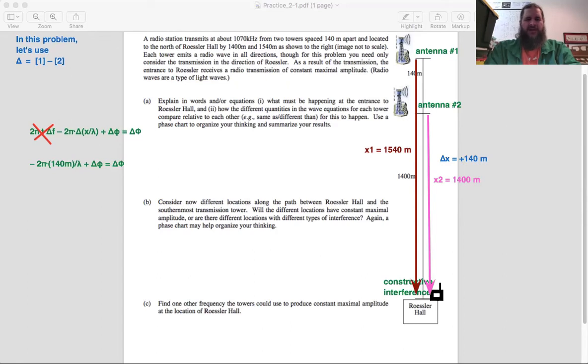Which is 3 times 10 to the 8th meters per second, 300 million meters per second. And scientific notation will be useful here, 3 times 10 to the 8th. And then we can use that divided by the frequency.